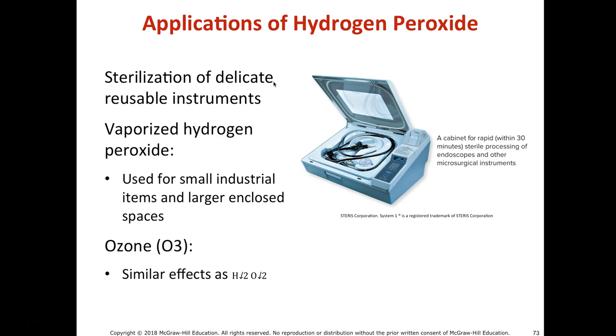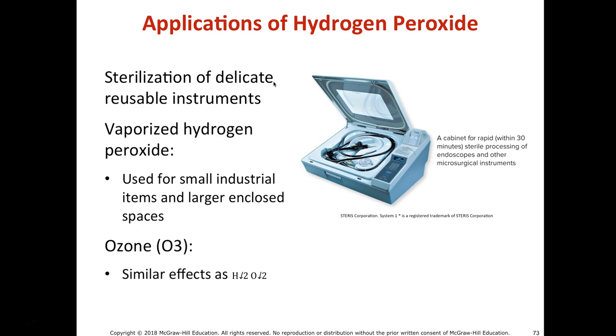It is going to contain a liquid chemical sterilant. In this case, it is our hydrogen peroxide, about 35%, and also peracetic acid, that's also 35%. And it's able to sterilize the instrument without damaging it, which would take place if we tried to do sterilization using heat.